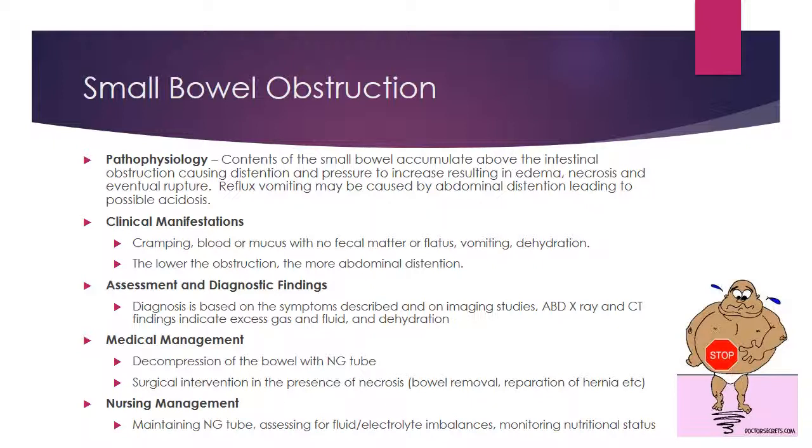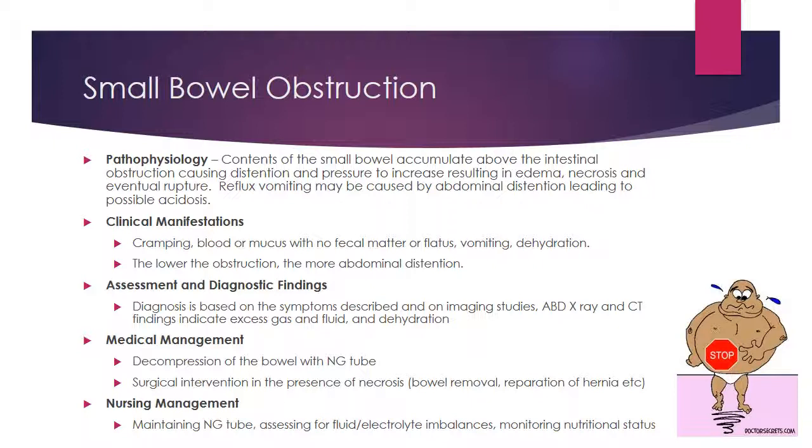And reflux vomiting may be caused by abdominal distension, leading to possible acidosis. Some clinical manifestations include cramping, blood or mucus with no fecal matter or flatus, vomiting, and dehydration. And actually, the lower the obstruction, the more abdominal distension.